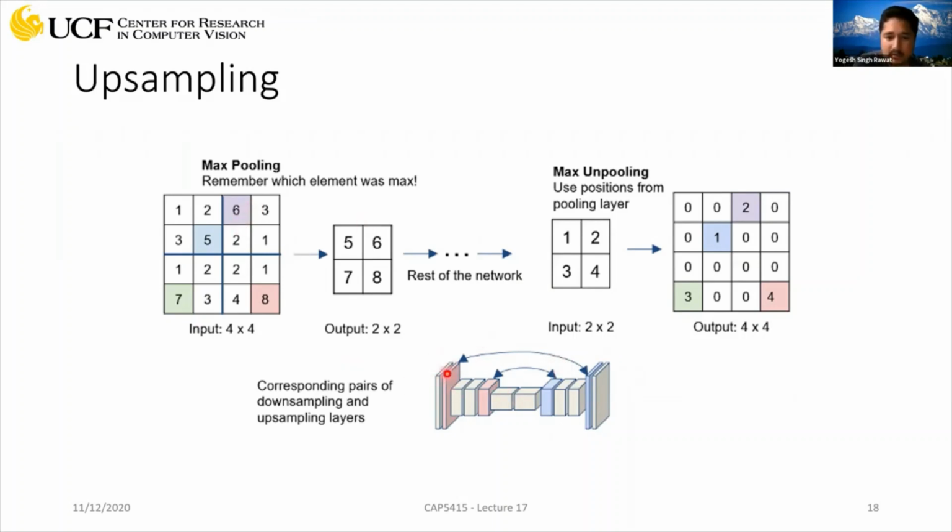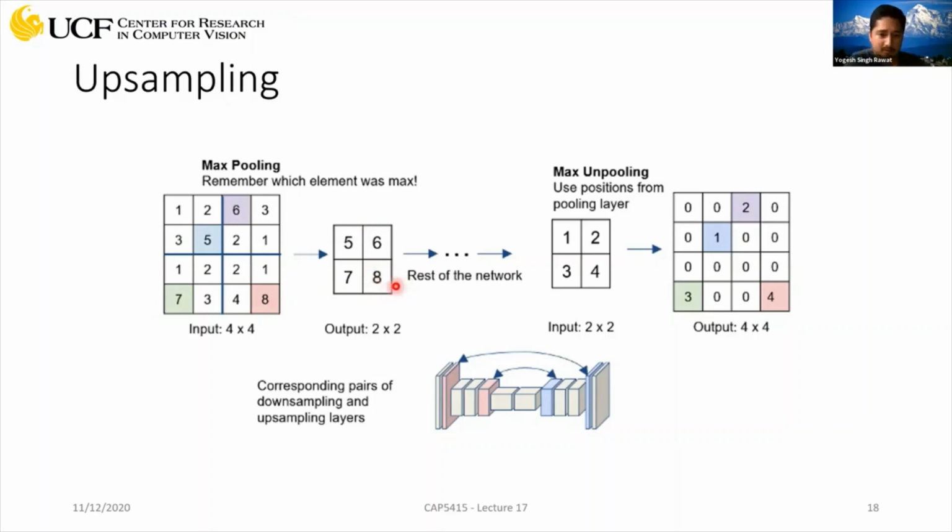in your encoder, there will be times when you have to perform max pooling. When you perform max pooling, for example, in this particular case, your input is 4 cross 4, and you perform a max pooling by a factor of 2. So you take the maximum value: 5 over here, 6 over here, 7 over here, and 8 over here.